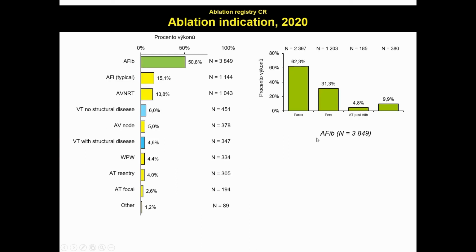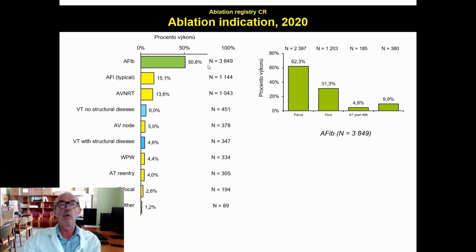The main indication for ablation in 2020 was atrial fibrillation, more than 50% of all ablations. Of these, 2/3 were paroxysmal and 1/3 persistent atrial fibrillation. You can see these numbers add up to more than 100%, because some centers report more than one indication.